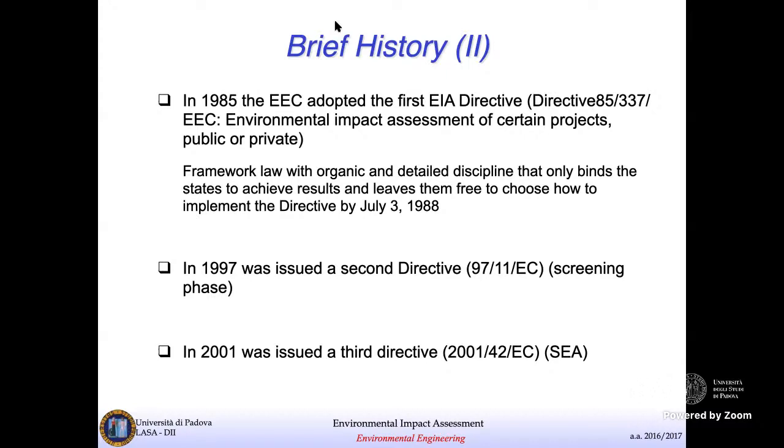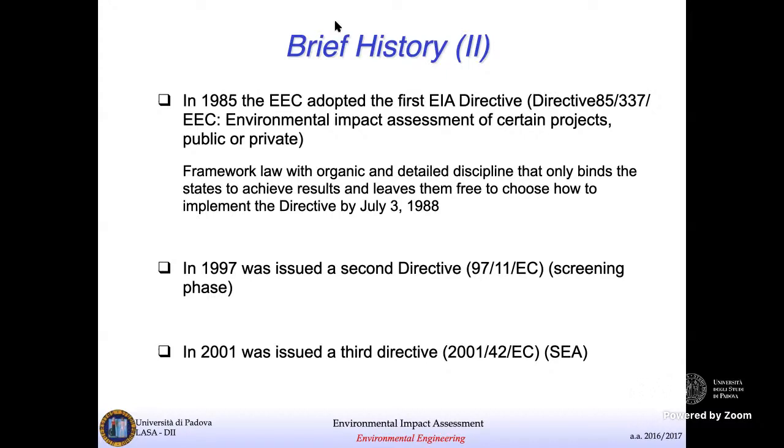This is the framework law which organizes and gives a detailed discipline, binding the states only to achieve results and leaving them the ability to choose how to implement this directive. And the deadline was 1988. As we will see, this directive was implemented in Italy in 1986.